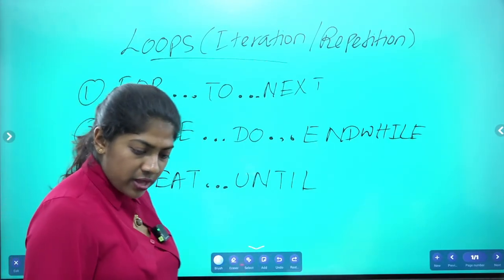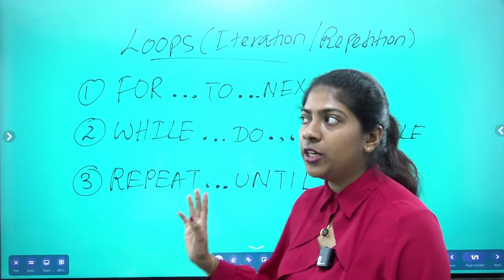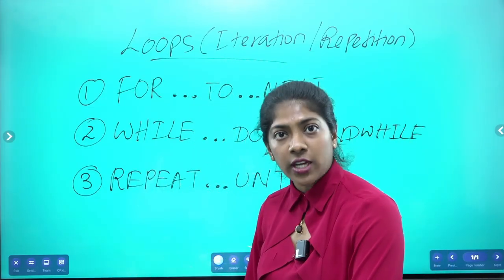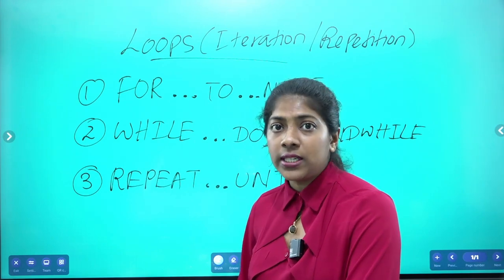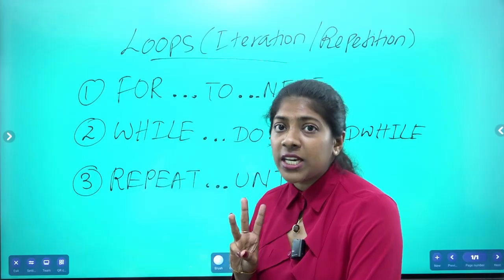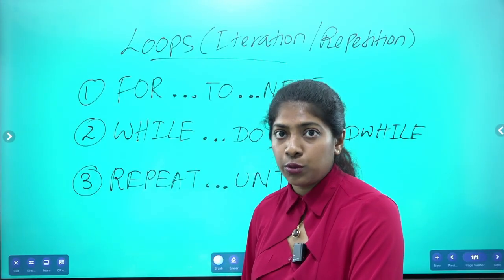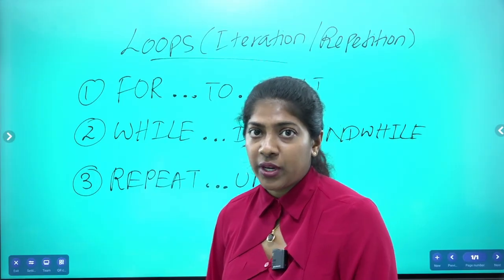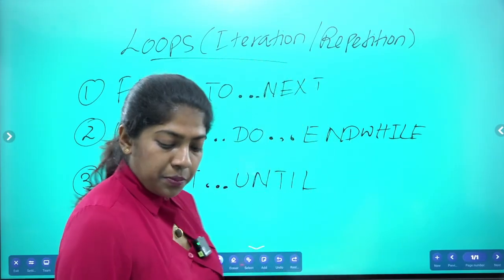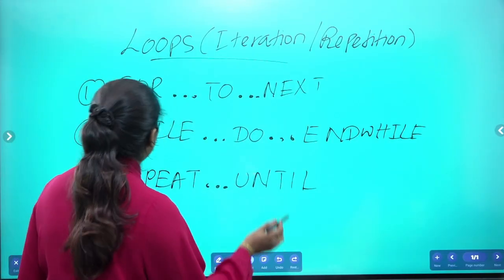Now, if you have already learned these things, you might know why you have 3 different types of loops. If you have not learned yet, you need to know why we have 3 types of loops. What is the purpose of having 3 types of loops? Okay, let's see one by one. First one, let's take for to next loop.